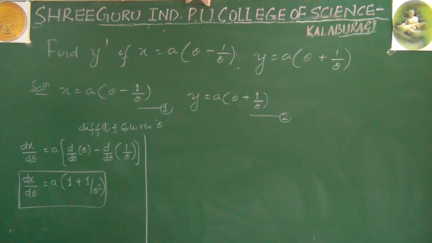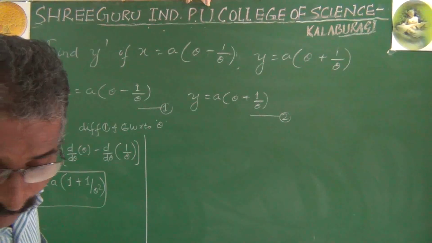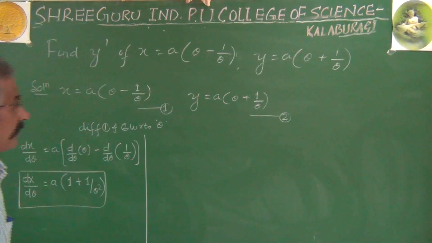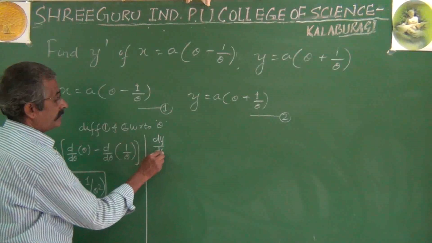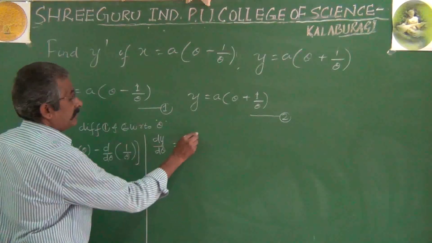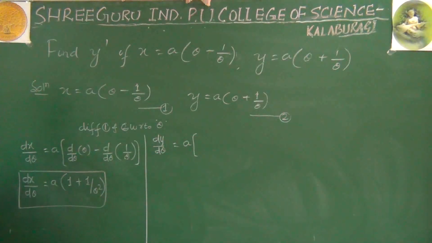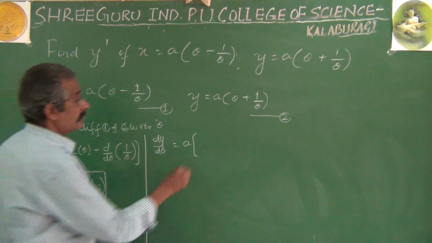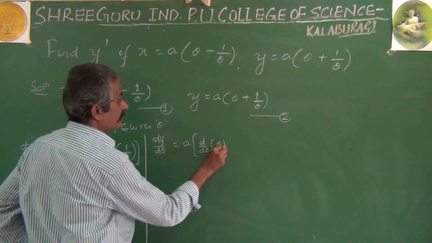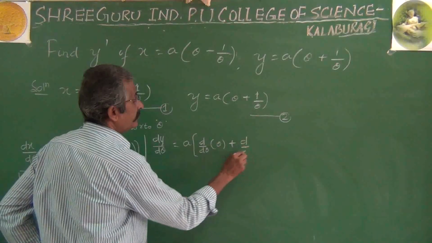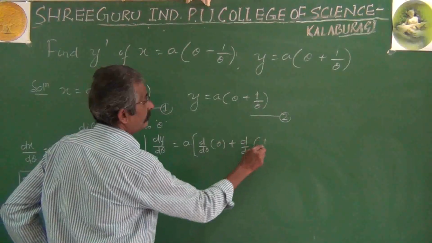Similarly, we shall differentiate y also with respect to theta. On differentiating y with respect to theta, dy by d theta equals a into bracket. In the bracket, let's apply the sum rule: differentiation of theta with respect to theta plus differentiation of 1 by theta with respect to theta.